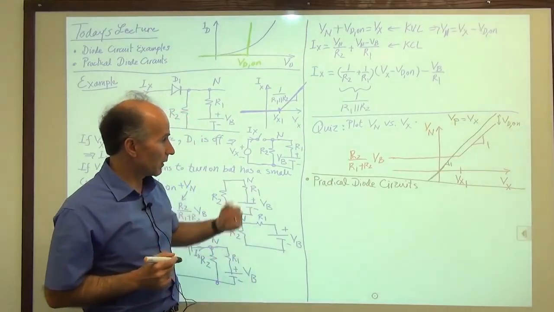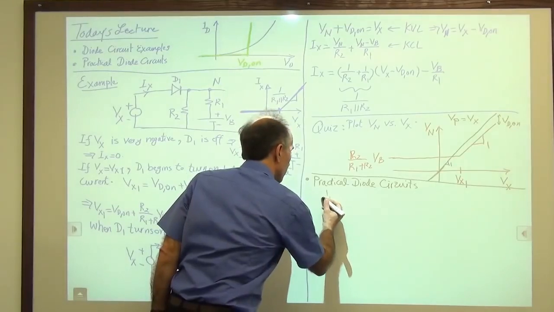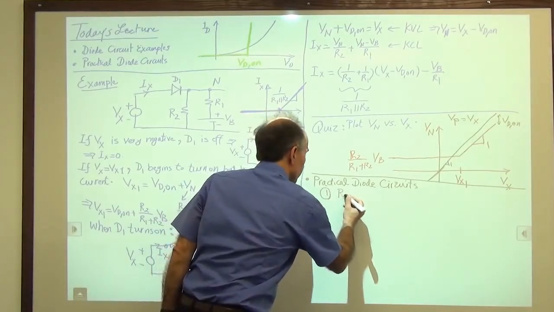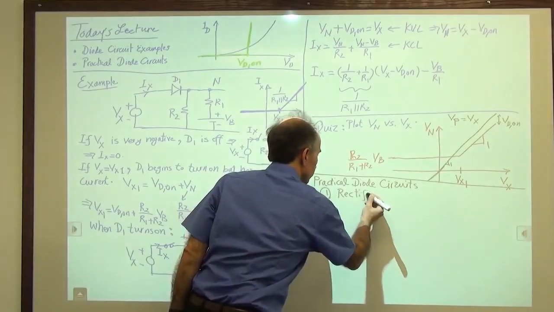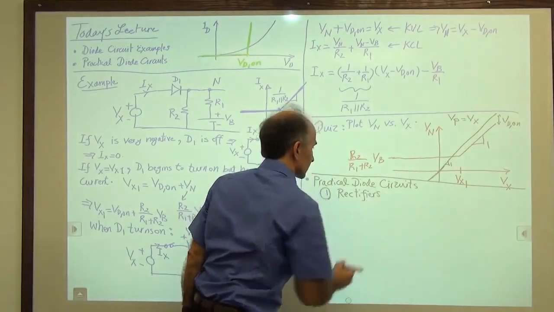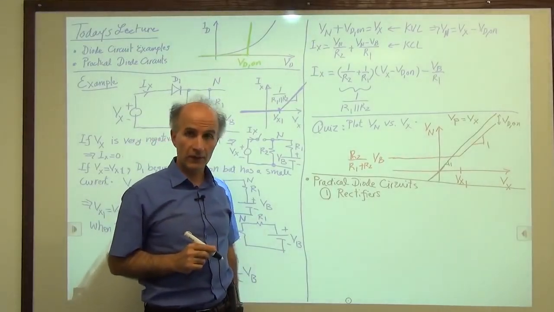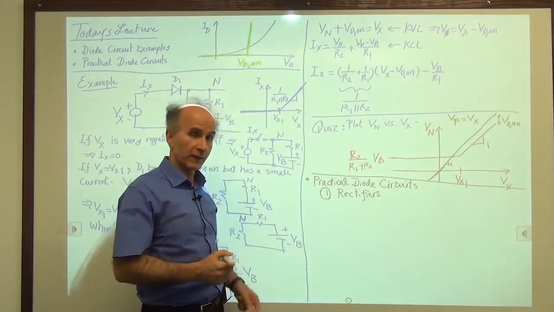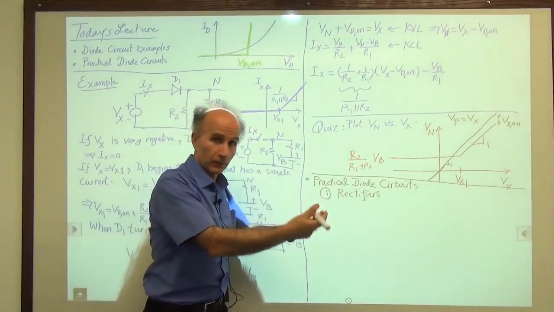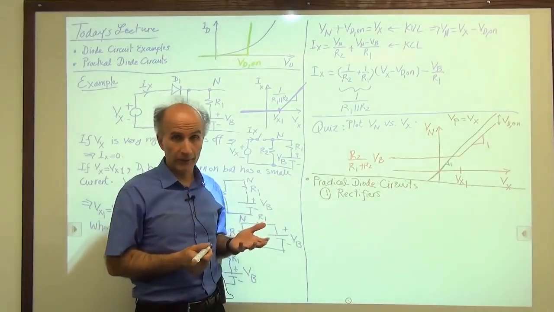All right, so here are some of the circuits that we will study. We begin with rectifiers. If you remember, we briefly defined rectifiers loosely as circuits that allow, for example, the positive voltages to go through and not negative voltages, or maybe the other way around.